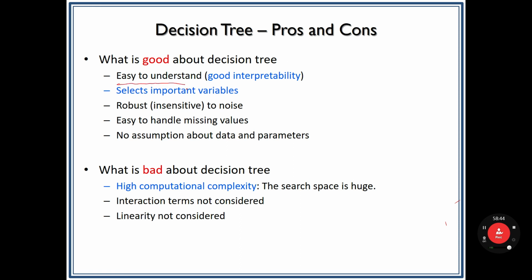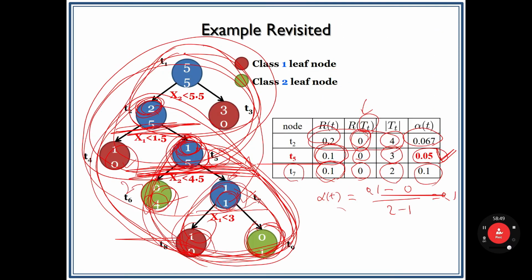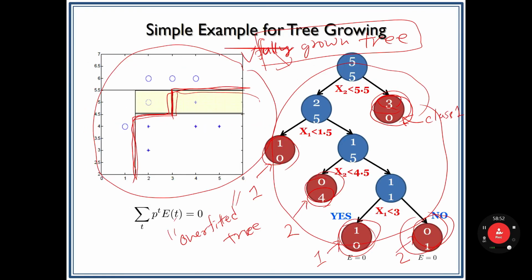A decision tree is interpretable because once we have a tree, for example, once we have this tree to become a class 2, we know the property of the class 2 objects by following these branches, okay? x2 is less than 5.5, x1 is less than 1.5, and x2 is again less than 4.5, then the observation becomes a class 2 object.